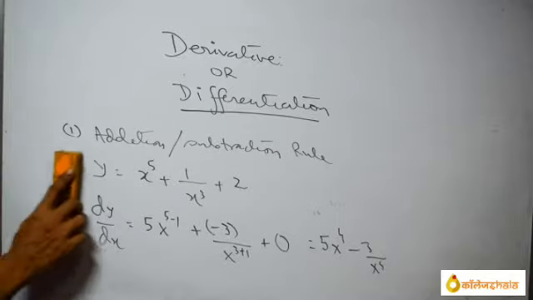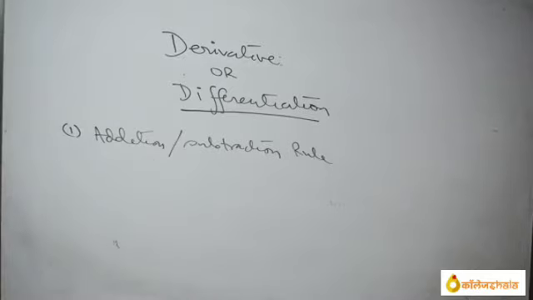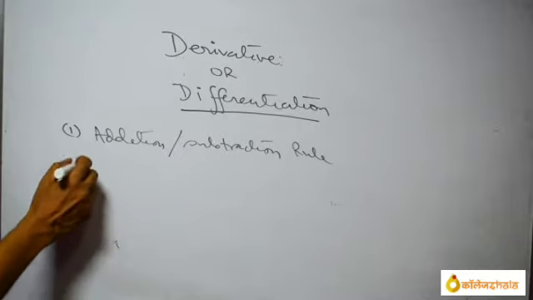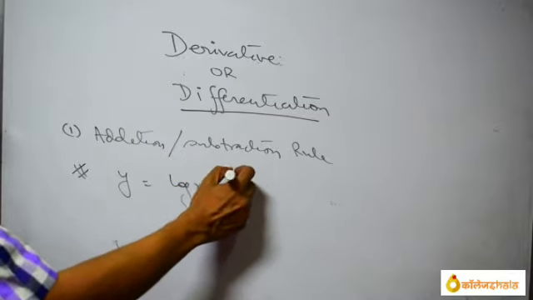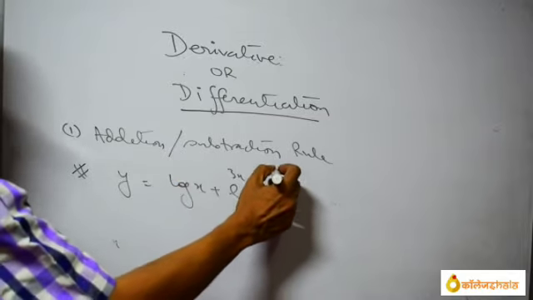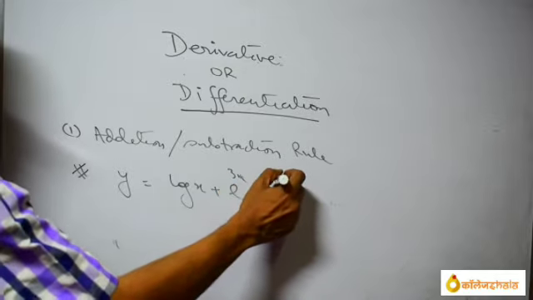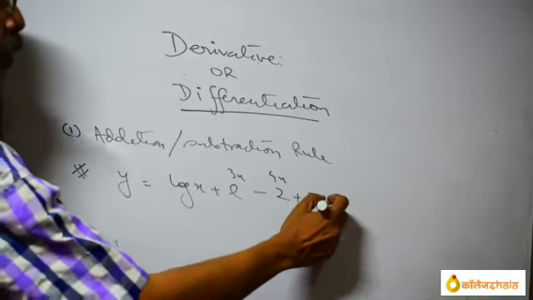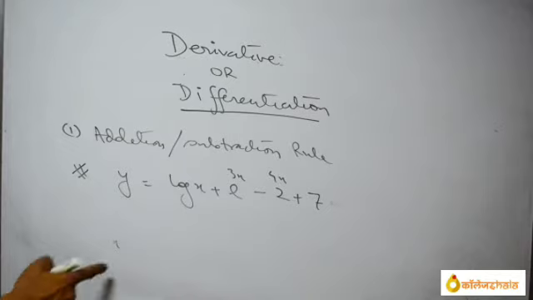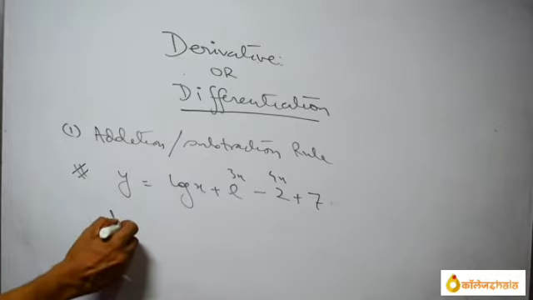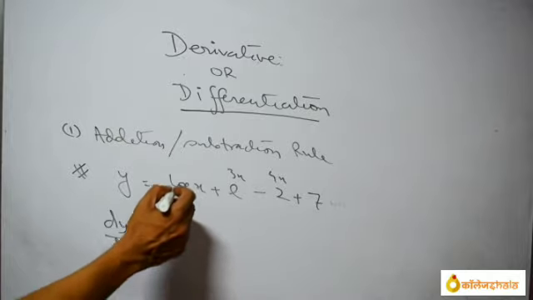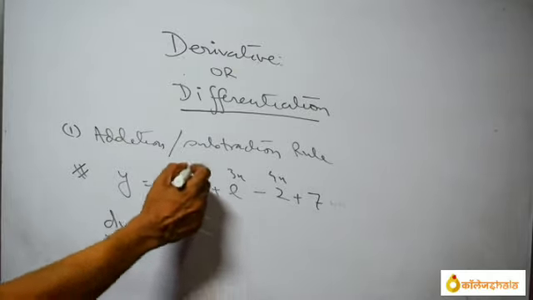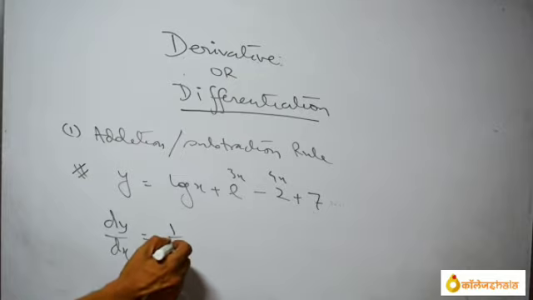Now let us take some more with the addition rule. Suppose y is equal to log x plus e to the power 3x minus 2 to the power 4x plus 7. To find dy dx, the derivative of log x is 1 by x.